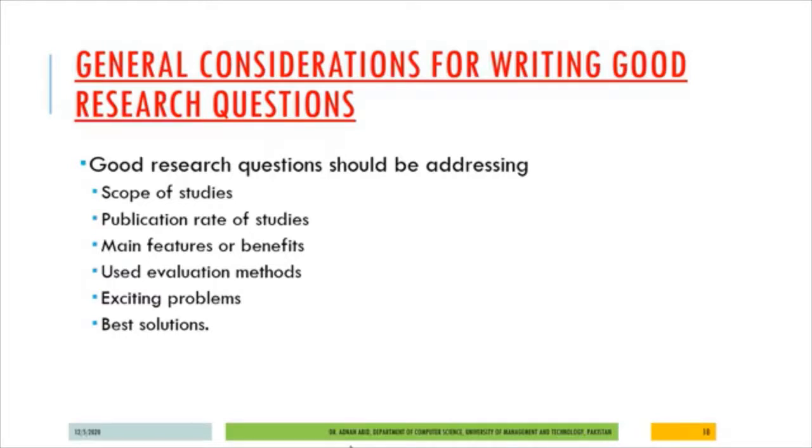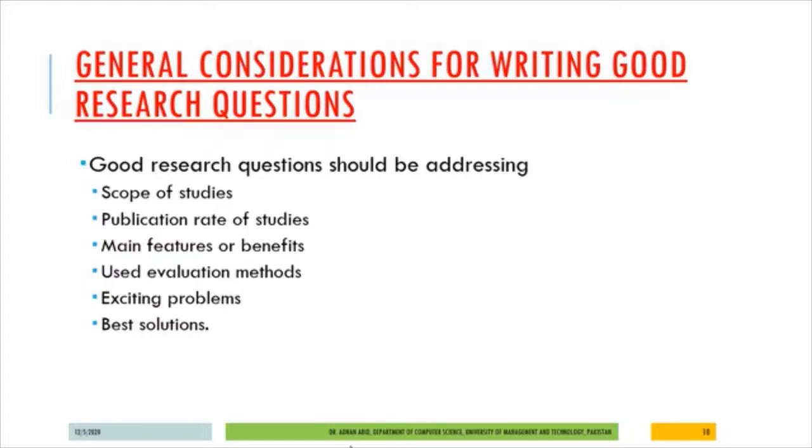We also need to think about the main features and benefits of those studies, the types of problems that are being addressed, and how these approaches have evolved over the years. Generally the SLRs tend to cover at least 5 years of research.